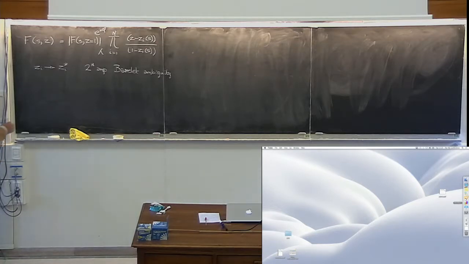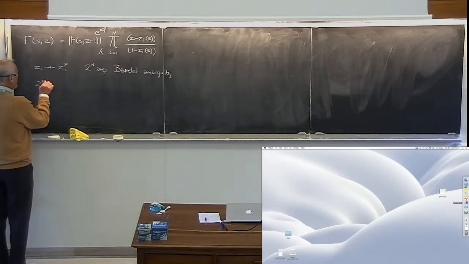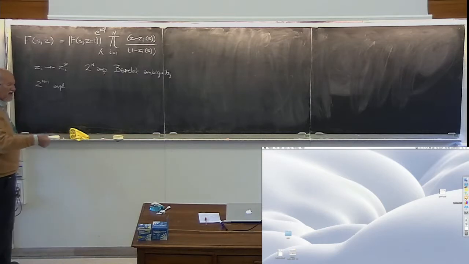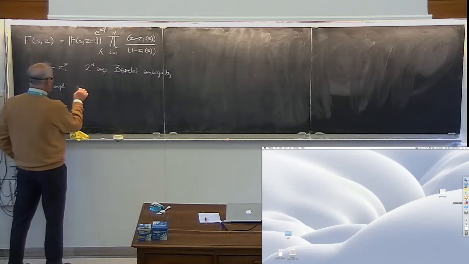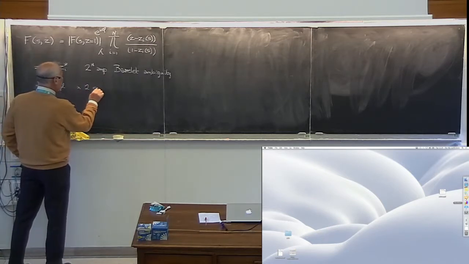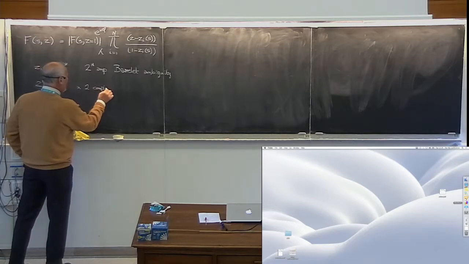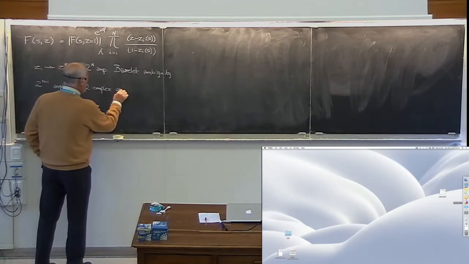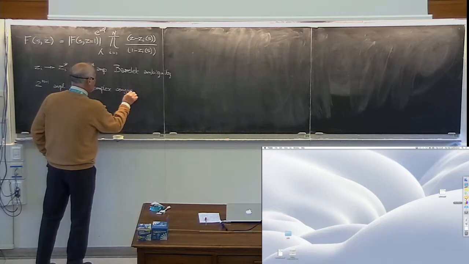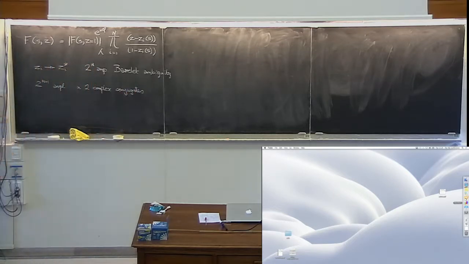So there are actually 2^(n-1) amplitudes, times 2, which are just the complex conjugates of the others. This means you can have a large number of amplitudes that describe exactly the same experimental data.